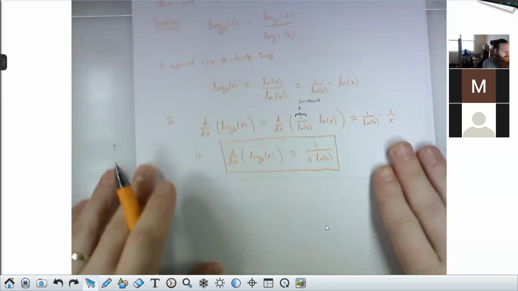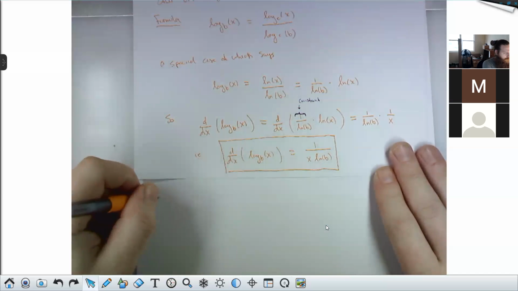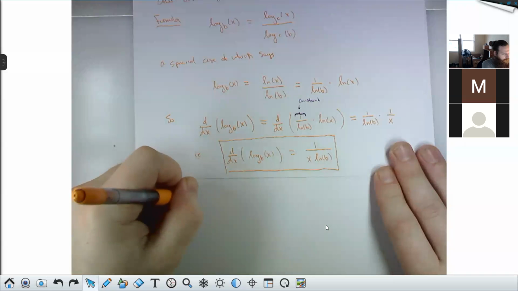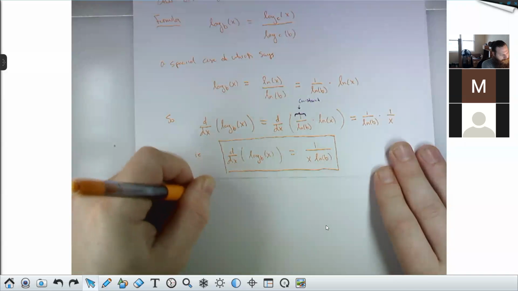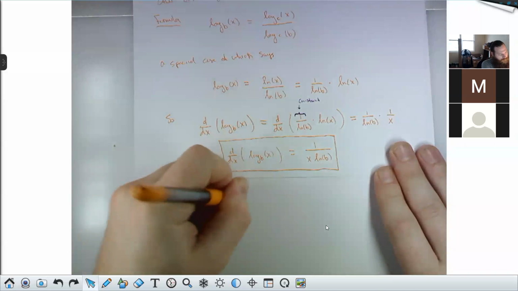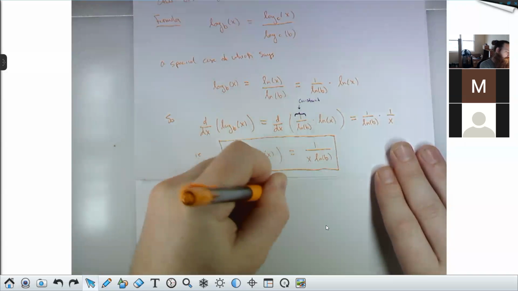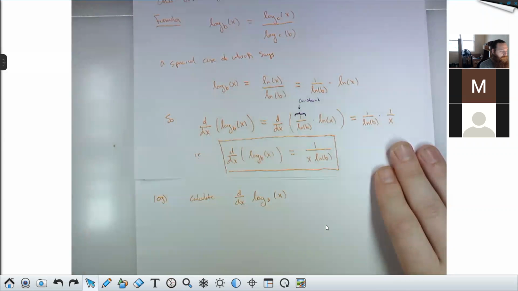An example where we might use this, and I'll come back to the other example in a second: I want to calculate d dx of the base 3 log of x.